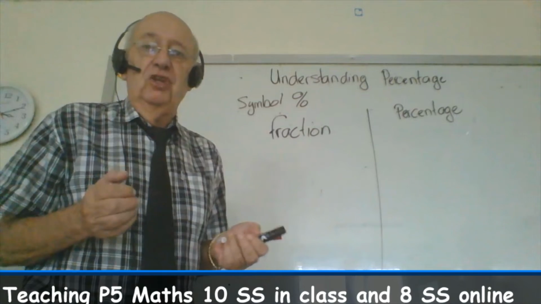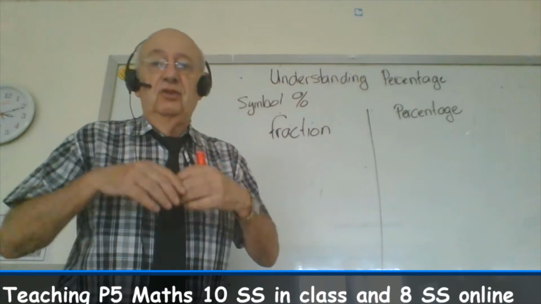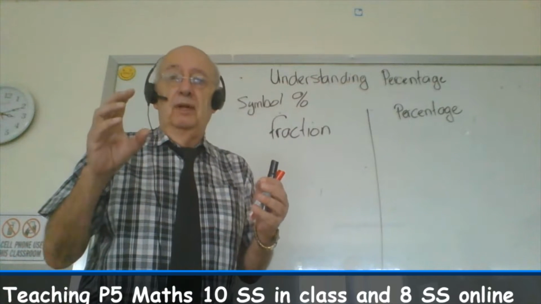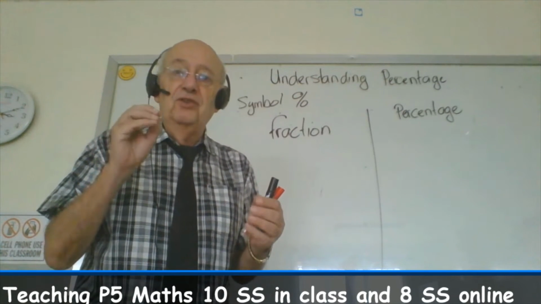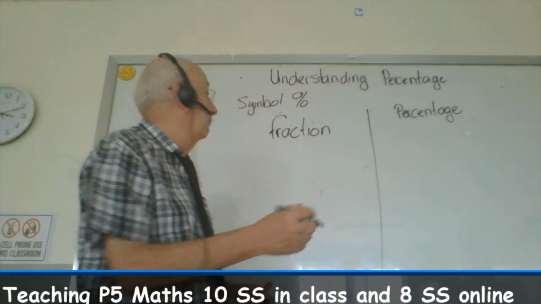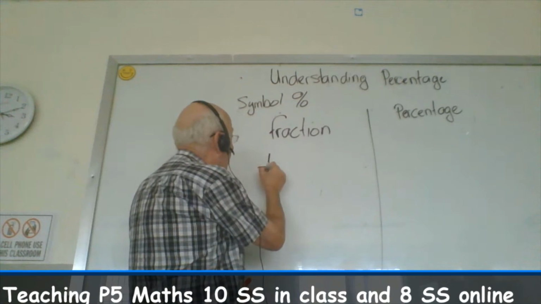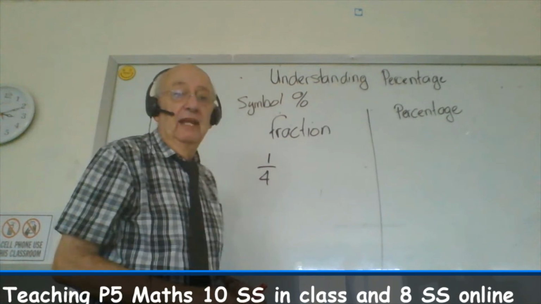Percentage is actually a fraction which is put into a whole number. But the difference is, let's have a look. A fraction can be anything, for instance 1/4. That could be a fraction.